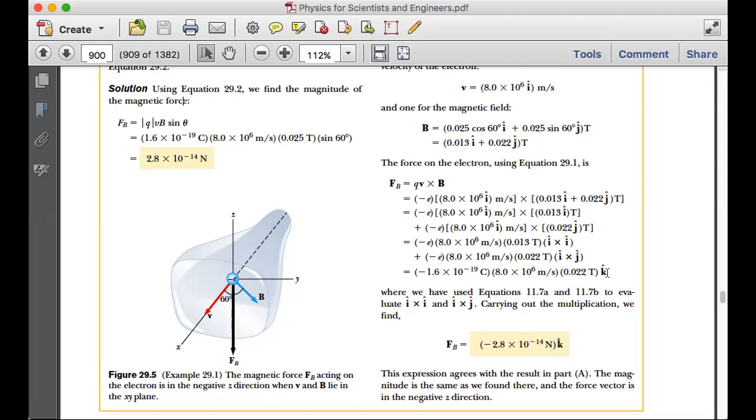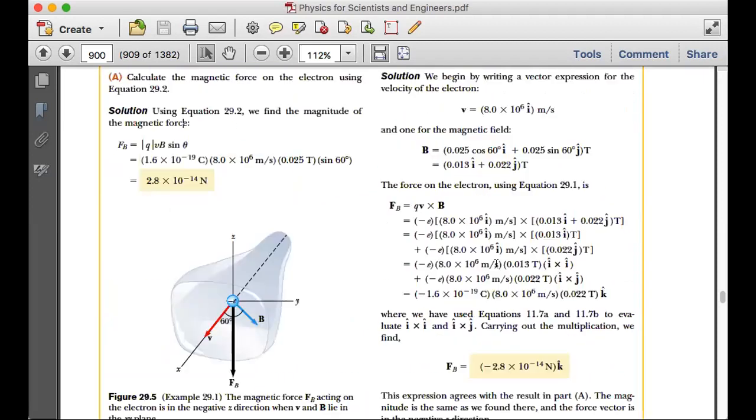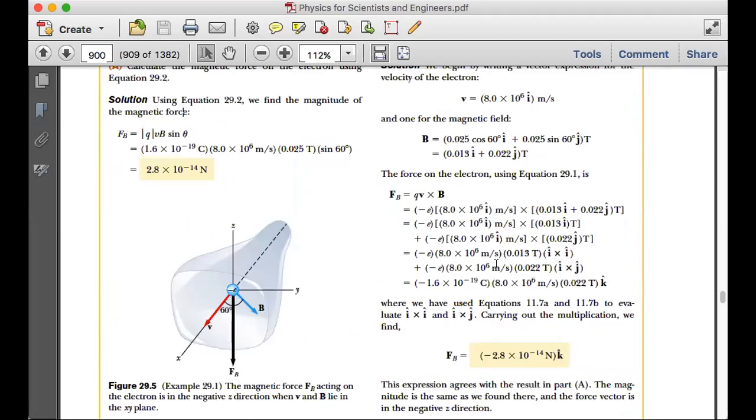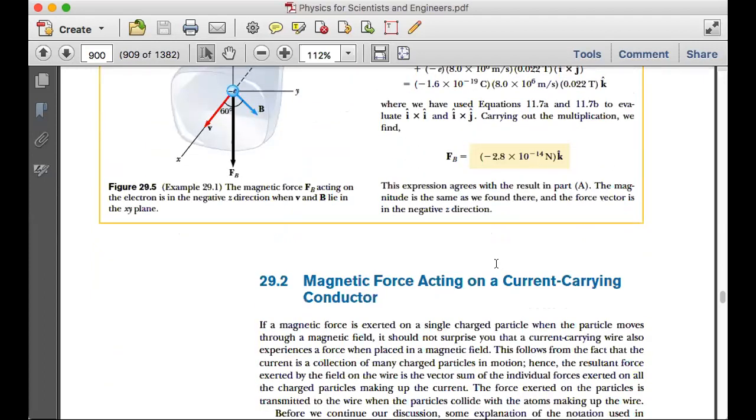It holds a cyclic relation: i cross j equals k, k cross i equals j, and then j cross k equals i. That's the cross product. Okay, this is the magnetic force acting on a charge.